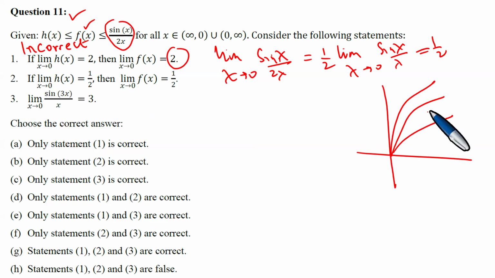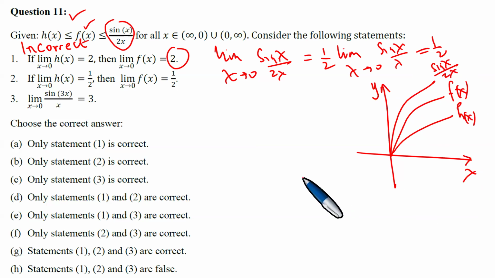You have h of x as the smallest, and then f of x, and this is the sine of x over 2x. So f of x is between h and the sine of x over 2x.